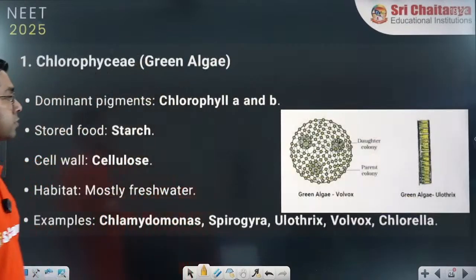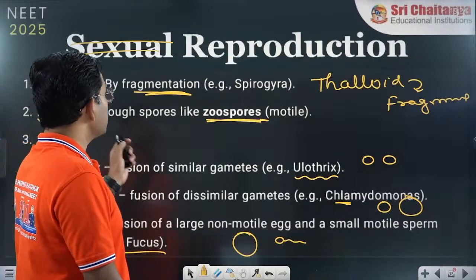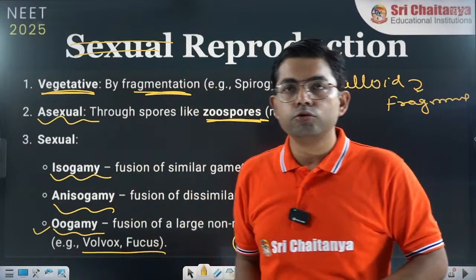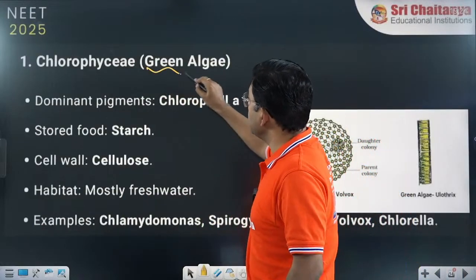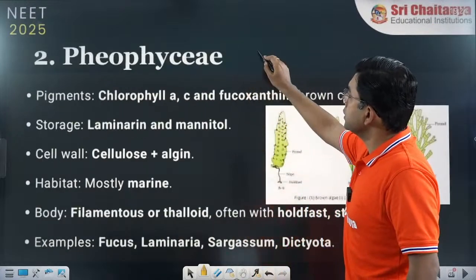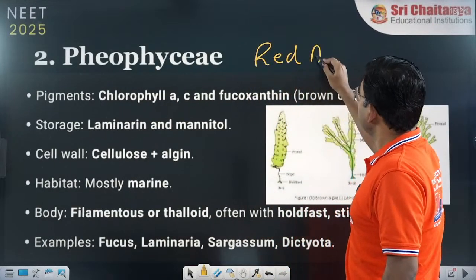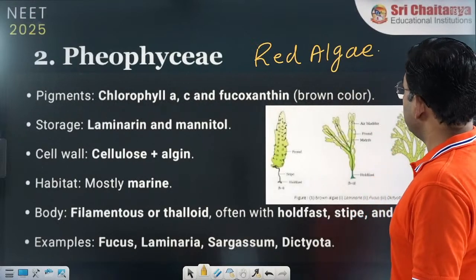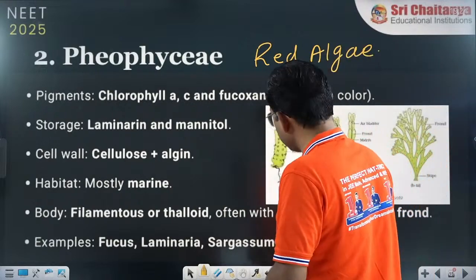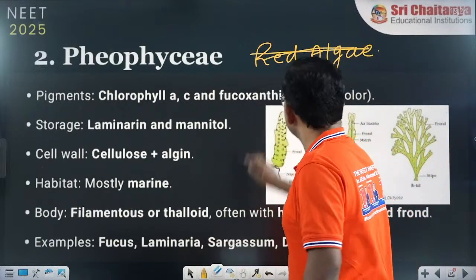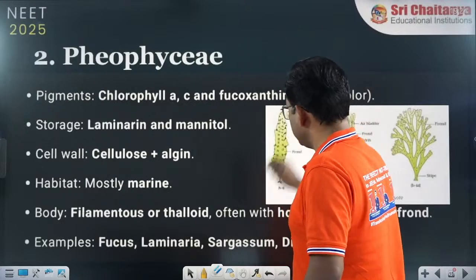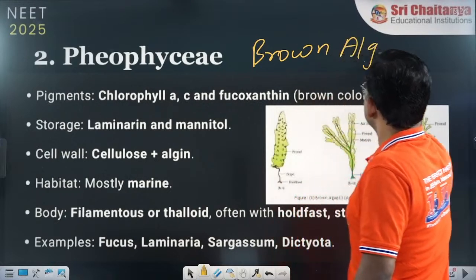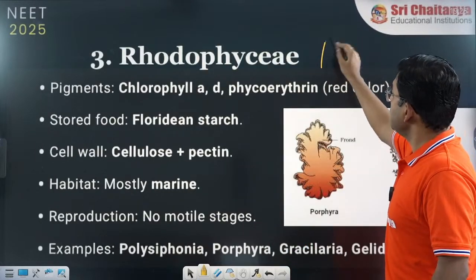Now further, these algae are mainly divided into three groups. One is called green algae, then brown algae, sorry, this one is brown algae, not red algae, and then this is the red algae.